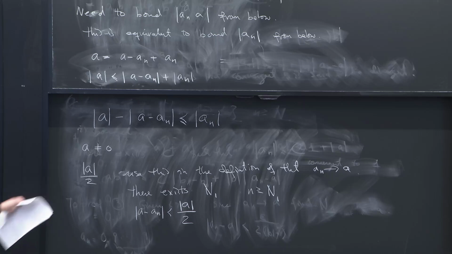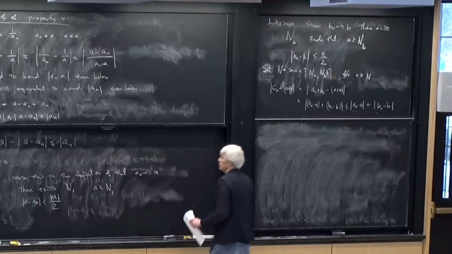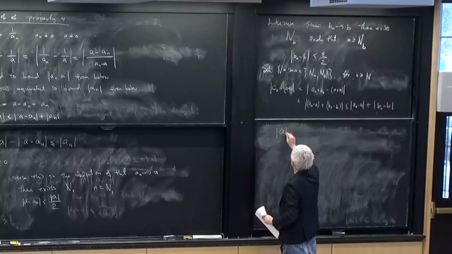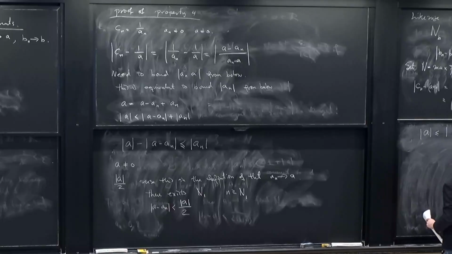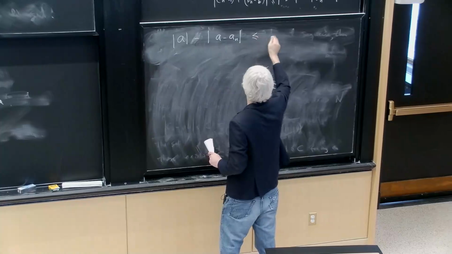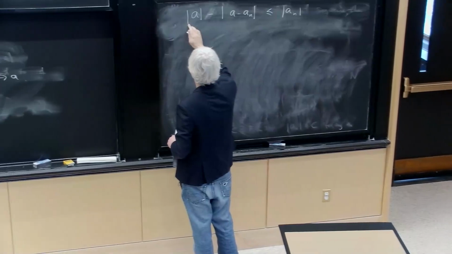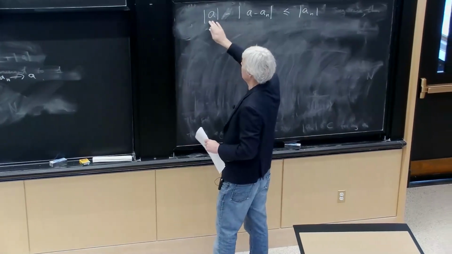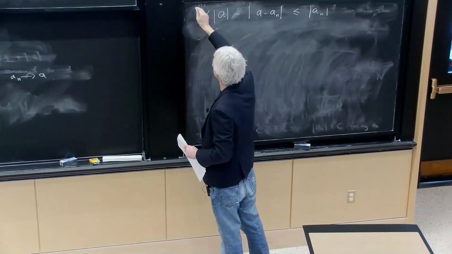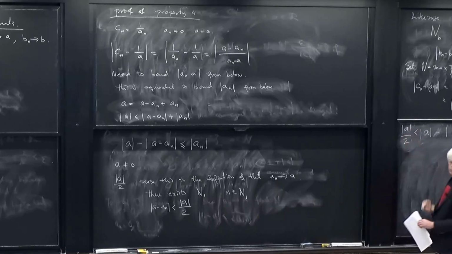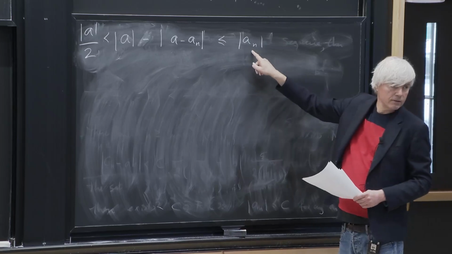But now you see that this means that when you go up to that line from before, this thing here is at most half of this, so the norm of AN is bigger than the norm of A over 2. And so we have bounded these from below.